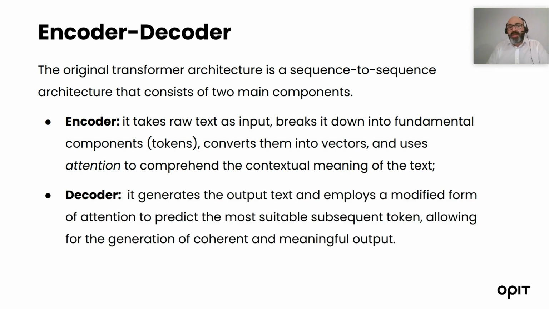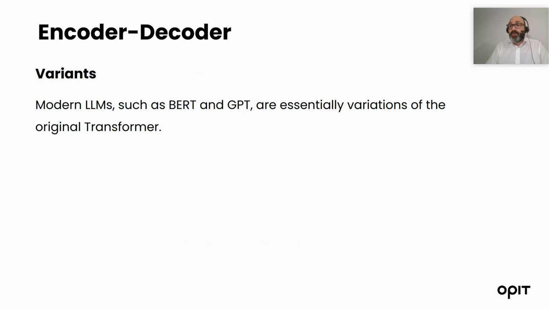In the second stage, the decoder generates the output text and employs a modified form of attention to predict the most suitable tokens, allowing for the generation of coherent and meaningful outputs. Variants of this architecture are the modern LLMs, such as BERT and GPT.